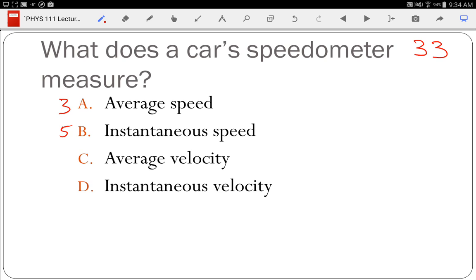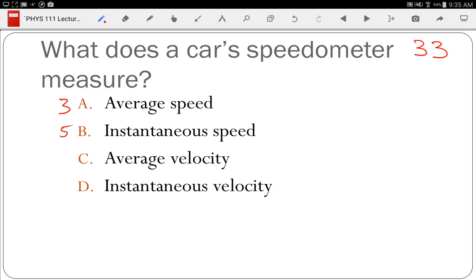So then it just comes down to, is it the average speed or is it the instantaneous speed? And in this class, all of your test questions are going to be multiple choice or true and false. Those are bad for this kind of thing because in reality, depending on your explanation, I would accept either one of those answers. Why?